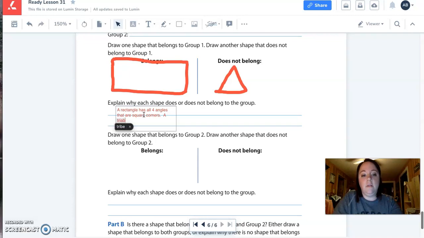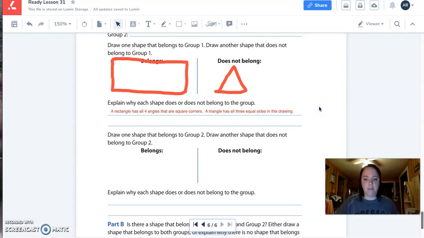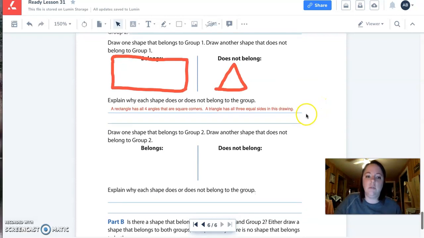A triangle has all 3 equal sides in this drawing because we know that a triangle doesn't always have the same amount, right? Because in one of our other ones, it showed a triangle that had 2 equal sides, 1 not, and then there was another one that had no equal sides. So it can vary. In this one though, our triangle has all equal sides.